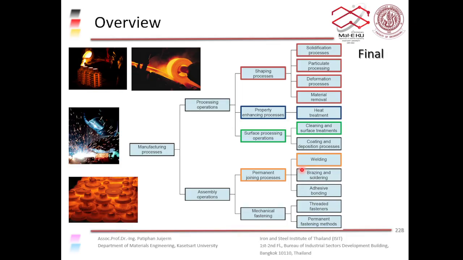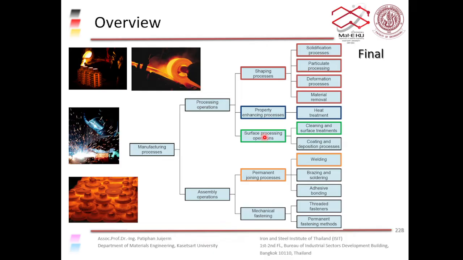And how do we prevent that material from melting in that combustion chamber in the jet engine? We do that by coating it with thermal barrier coating on the surface of the turbine blade to make it be able to withstand high temperature better. Right, so that is also a surface process.